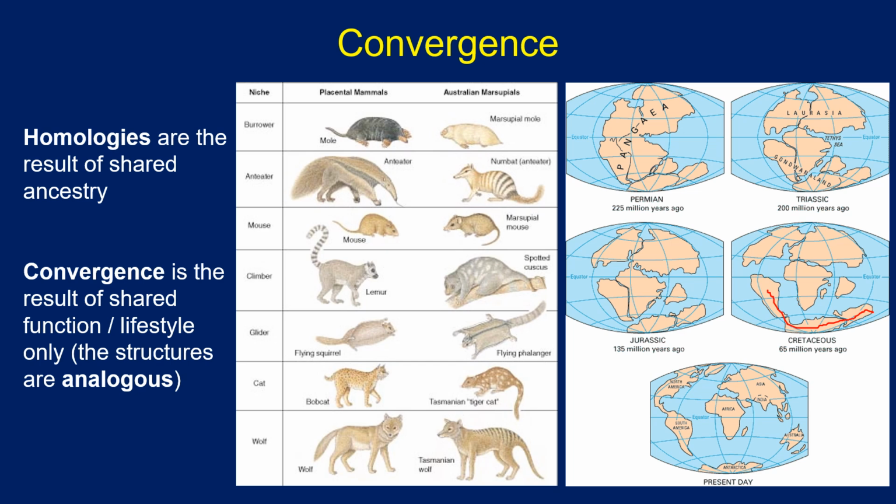And then we had a wolf, and we had a Tasmanian wolf, which unfortunately is extinct now, very much like a placental wolf, but it had a pouch. So again, when we're trying to figure out relationships, we have to be very wary of convergence. We have to try to identify it and ignore it as one of our characters.